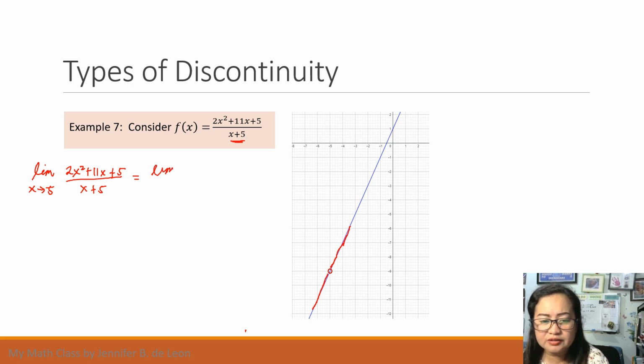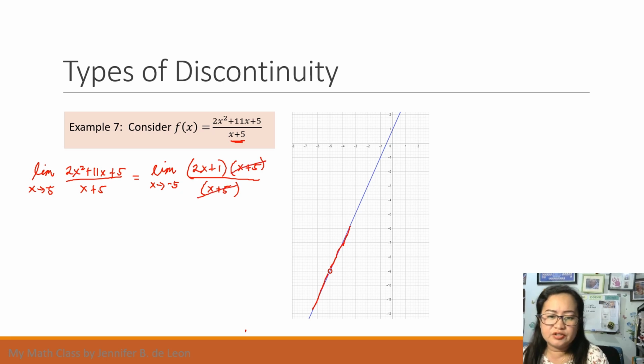So we factor: 2x squared plus 11x plus 5 can be factored as 2x plus 1 times x plus 5. Okay, so as you can see, we can cancel the denominator x plus 5. So simply, we will be evaluating 2x plus 1 as x approaches negative 5.